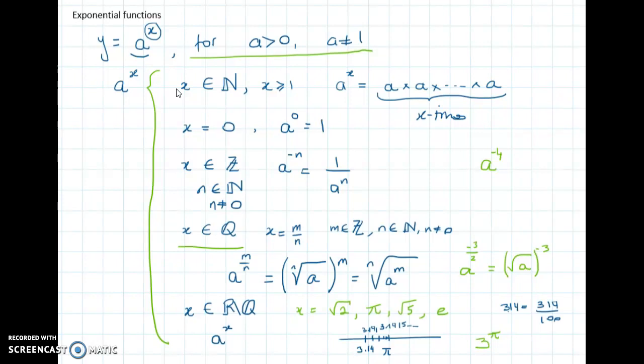And of course, inside the rational values are included the integers, and inside the integers are included the natural numbers. And you are going to have to believe that if the variable is an irrational number, so a real number that is not rational, there is also a definition of what this means that makes sense and will make more sense for you in the future.